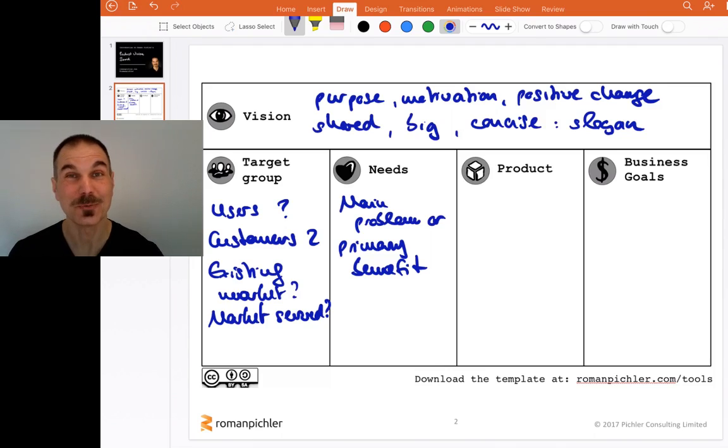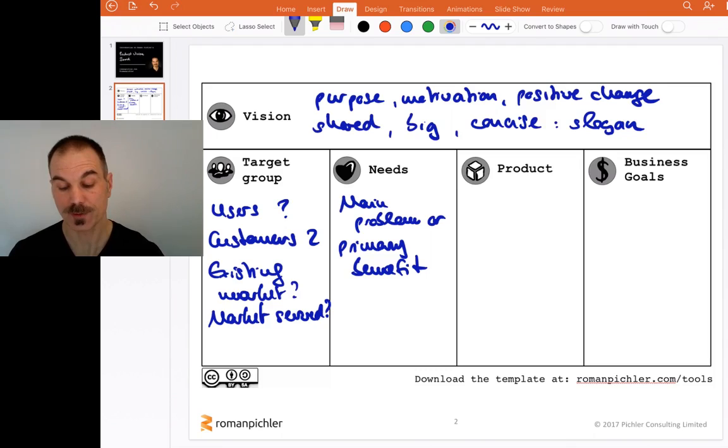So my company would be the customer, but I'm the user. And sometimes customers and users have very different interests. And if that's the case, and different needs, then please list them separately. State the main problem that the users want to see solved and the main benefit that the customer or the customers want to gain.